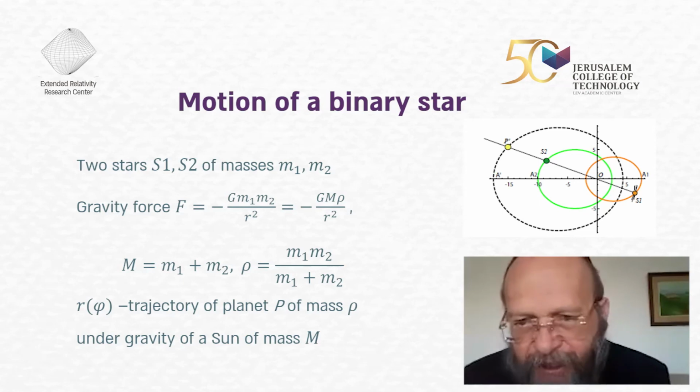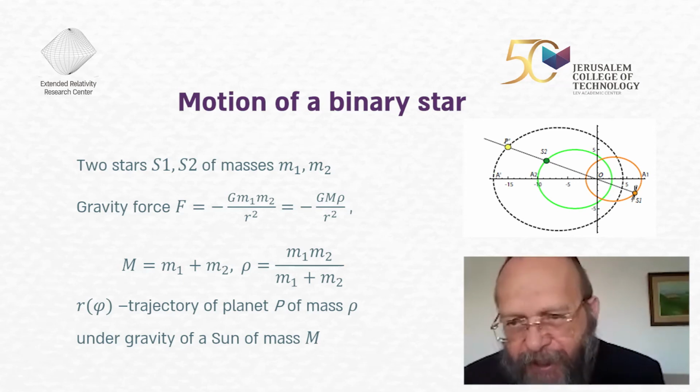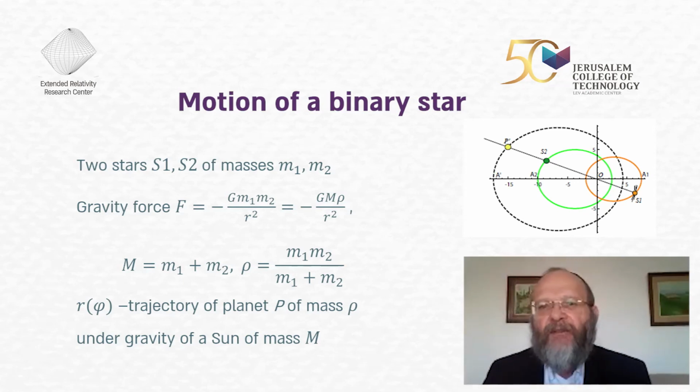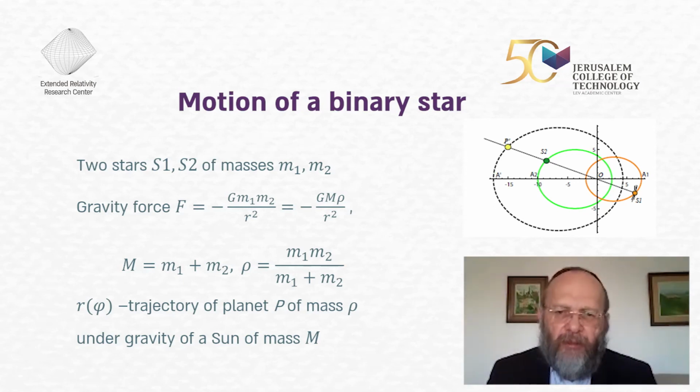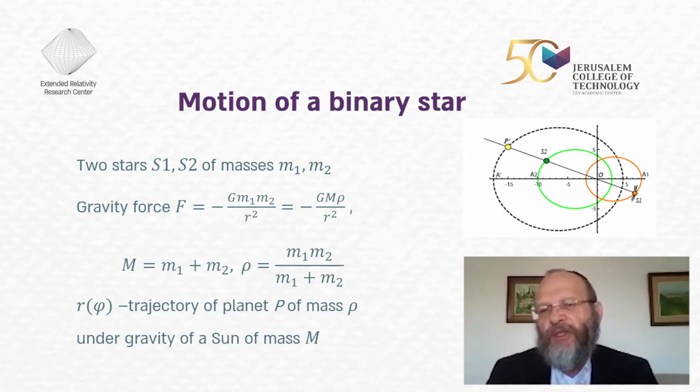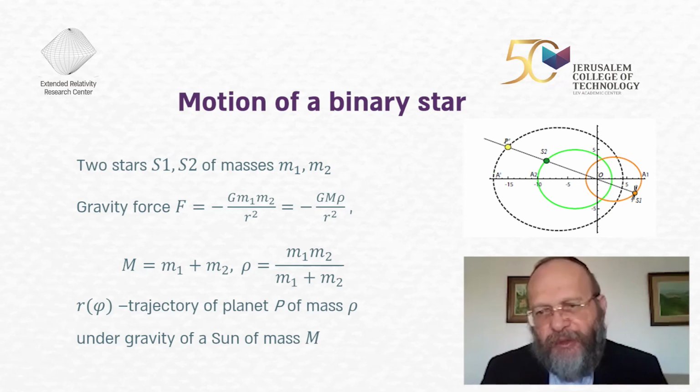So the two stars move along ellipses. Those ellipses are defined exactly from the formulas that we get from the planetary motion, and that gives you the full solution.